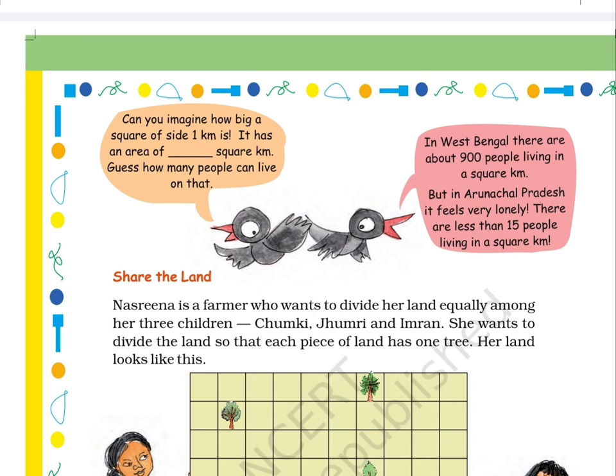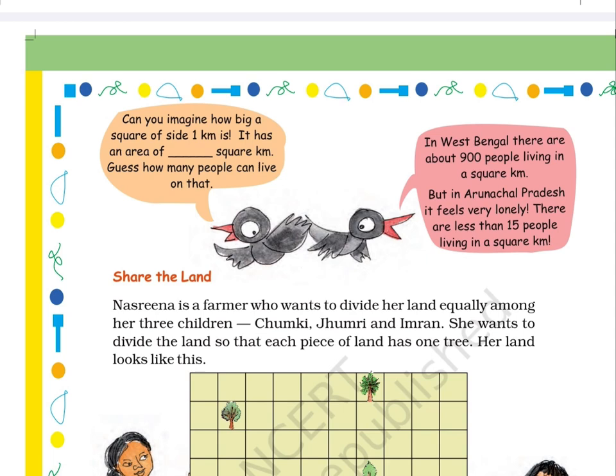Guess how many people can live on that? The second bird says, in West Bengal, there are about 900 people living in a square kilometer. But in Arunachal Pradesh, it feels very lonely. There are less than 15 people living in a square kilometer.